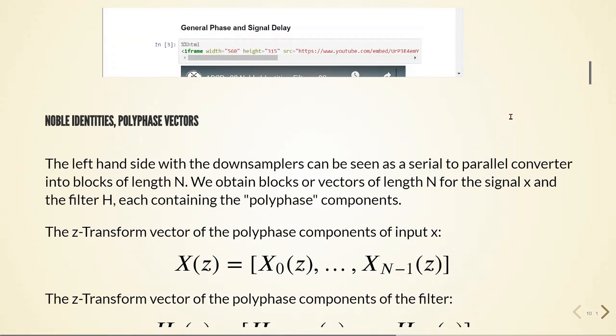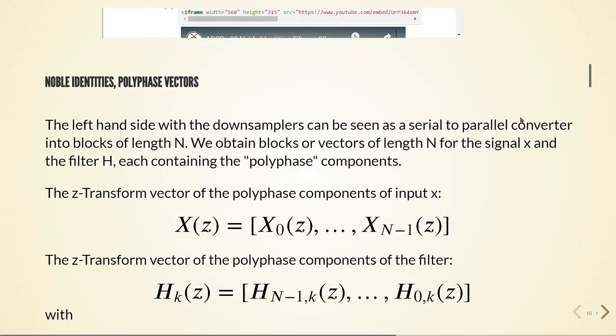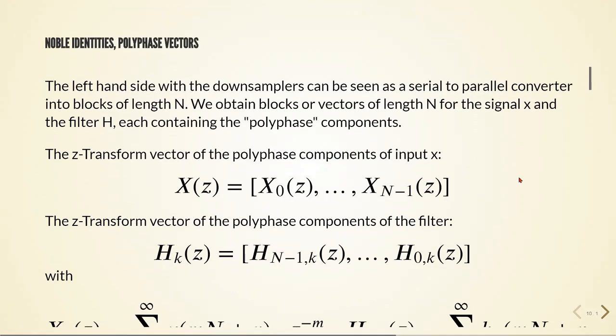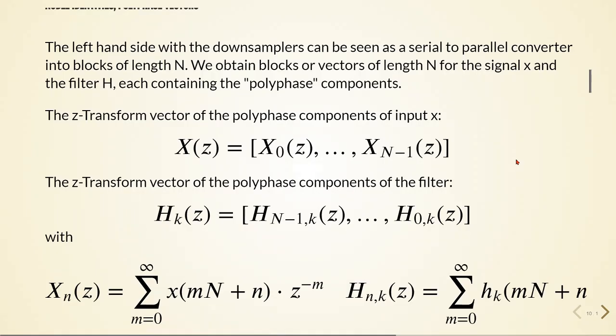What we see is that the left hand side with the downsamplers can be seen as a serial to parallel converter into blocks of length capital N. We obtain blocks or vectors of length N for the signal X and the filter H, each containing polyphase components. The Z-transform vector of the polyphase components of input X is given here.